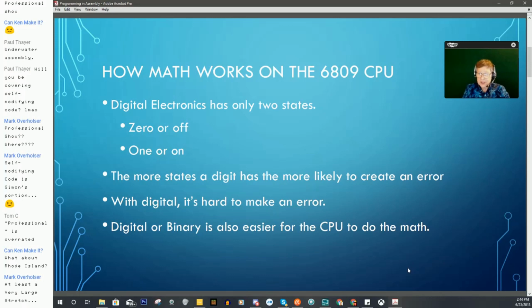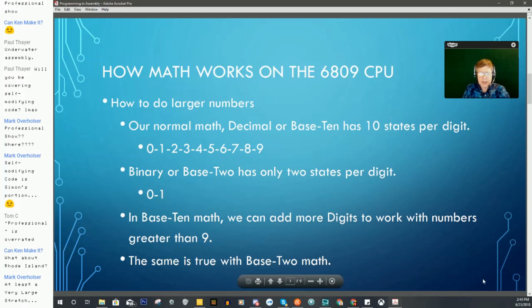Well, let me just continue here with what I've got on the slide. With digital, it's hard to make an error. The other thing is it's really easy to do math when you only have 2 possibilities per bit. Why don't we go to the next slide, because I started to skip to that information.